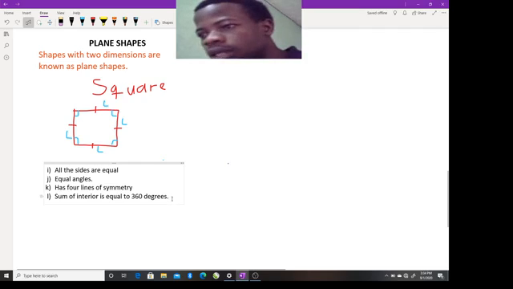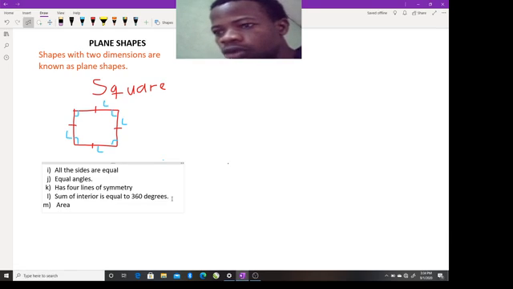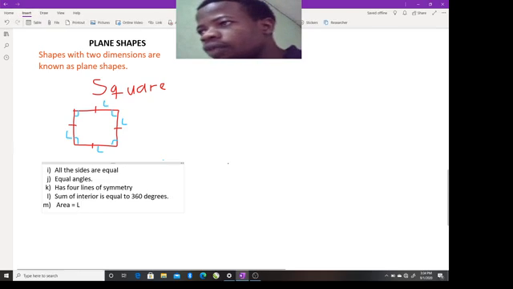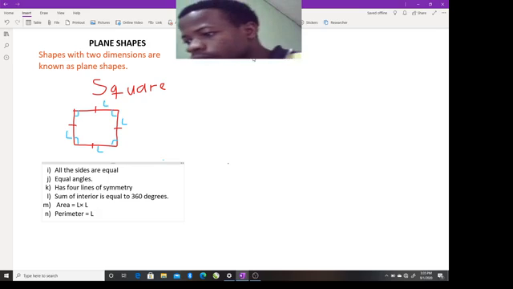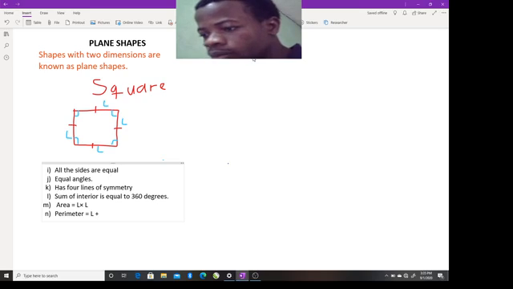Then the area, let me enter that again. Area is equal to length times length, and that implies that the perimeter is equal to length plus length plus length plus length.